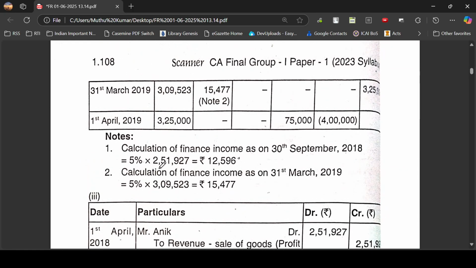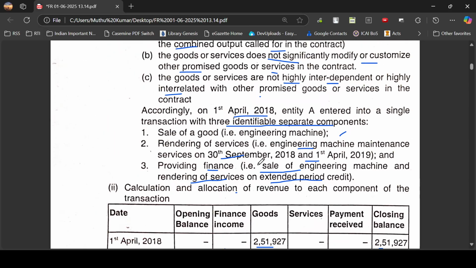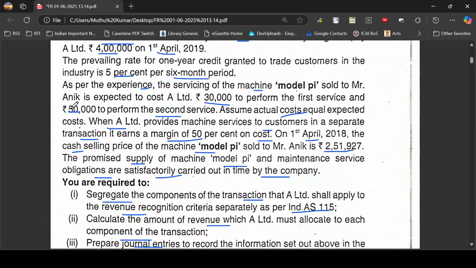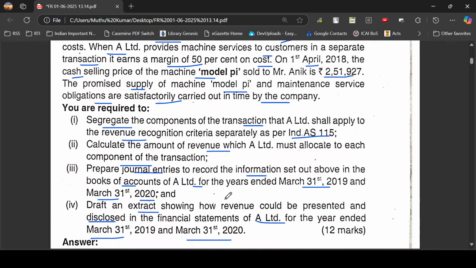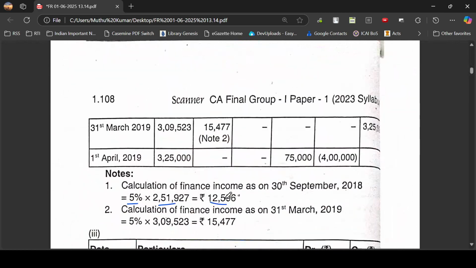How is that calculated? 2 lakh into 5%, 12,596. Then service 45,000, that they gave as service. 4 lakhs, 30,000, 15,000.